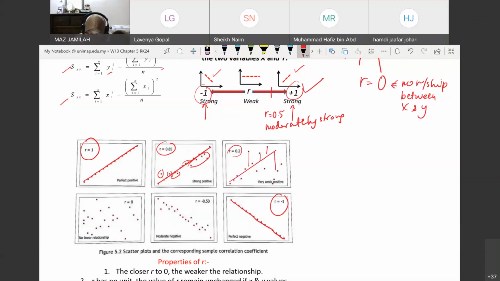The distance between your data point and the line is what we call error. All these are error. So the more error between the data point and the straight line, the lower the R value. The same goes for the negative relationship. And when R is equal to 0, no specific line can be formed in your scatter plot.